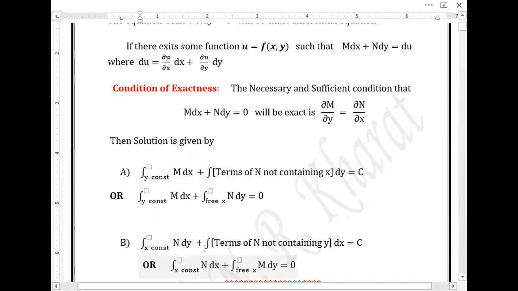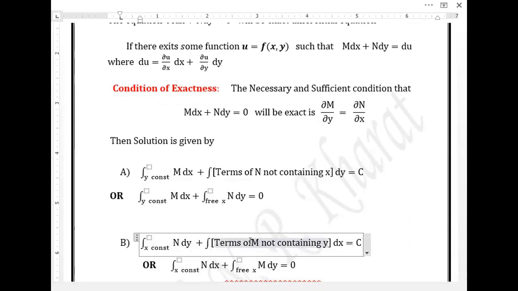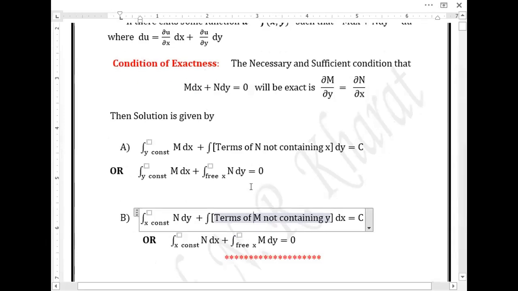In the second integration, we eliminate from M the terms that contain y, choose the remaining terms, and integrate them with respect to x. This is the procedure, or these are the two rules, to find the solution of your exact differential equation.